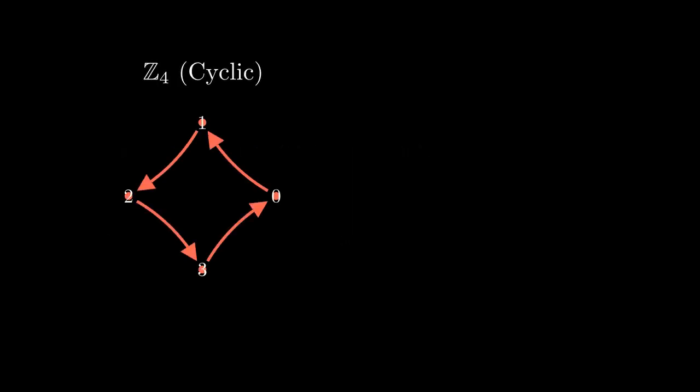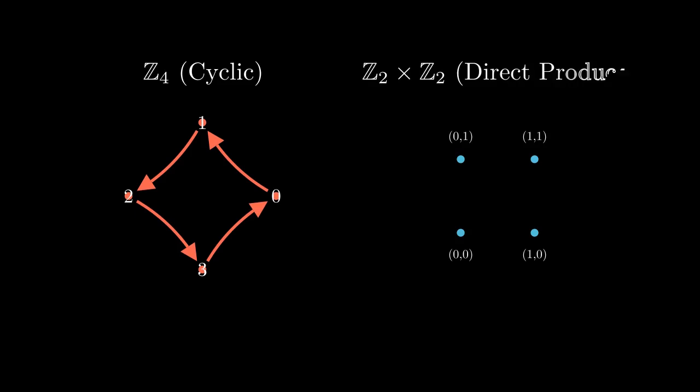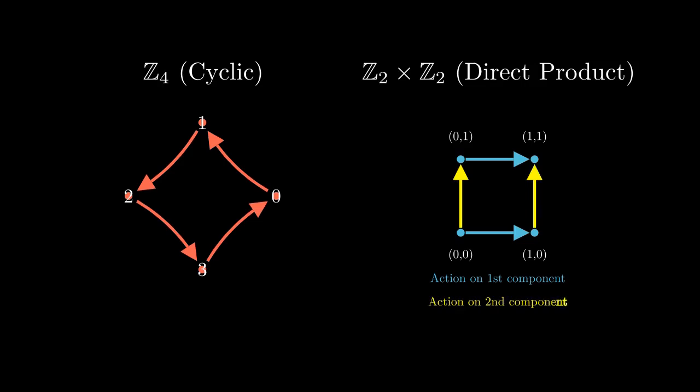Here you can see the group Z4, and this is our direct product group. In the parentheses, we show the element of each group. The first element is from the first factor, and the second element from the second factor. But you see these objects are different. So direct product builds new groups from old ones.